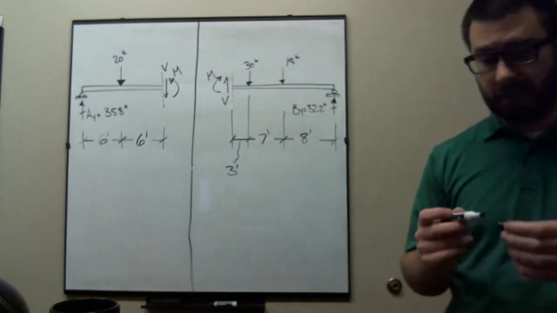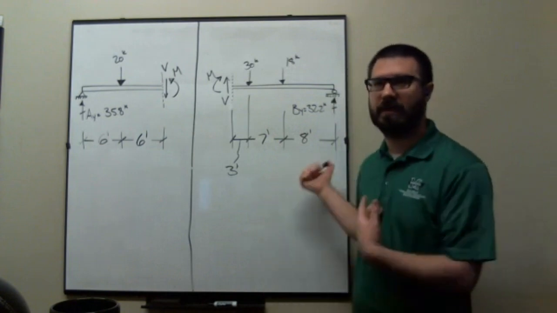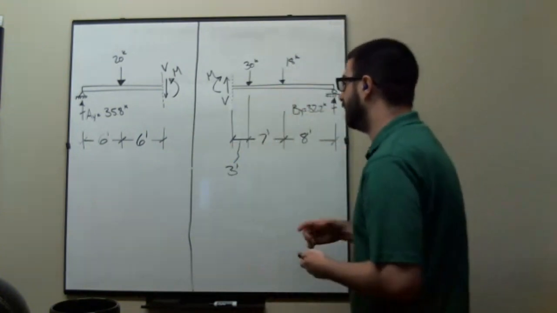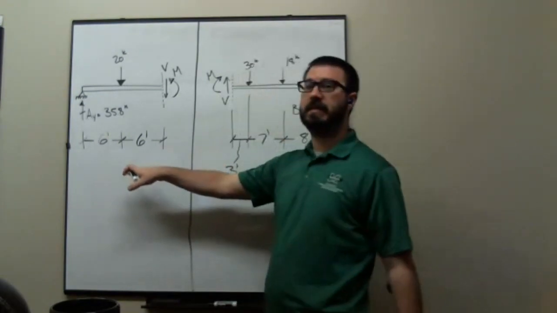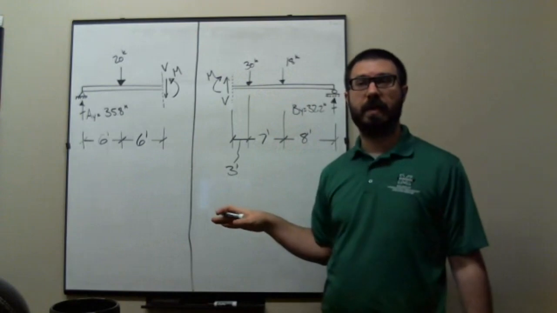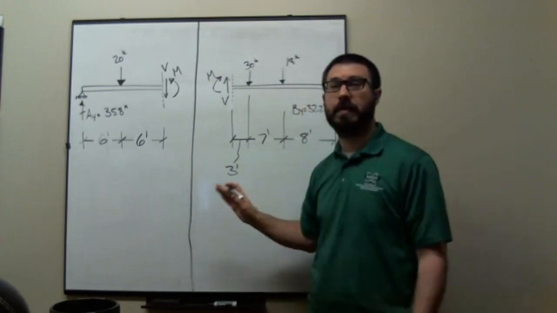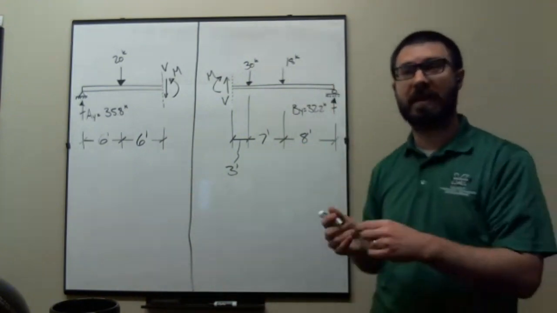Okay, that might seem silly, that you pay attention to get that right. Like, come on, Dr. Mike, we can do distances. Well, it's something you want to make sure you're comfortable with, because later on these distances aren't going to be numbers. Instead of a distance of 6 feet or whatever, it's going to be a distance of X or 30 minus X or stuff like that.